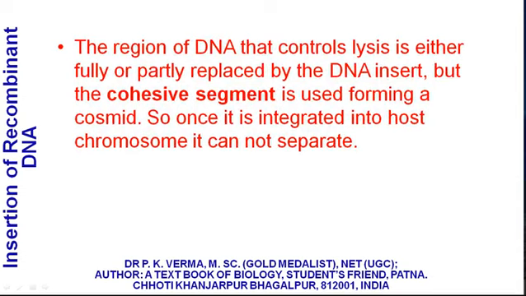The region of DNA that controls lysis is either fully or partly replaced by the DNA insert. That means the factor or gene that controls separation of the viral DNA and formation of a new generation of virus is damaged, or partially or fully replaced, while forming the DNA vector, that is cosmid.